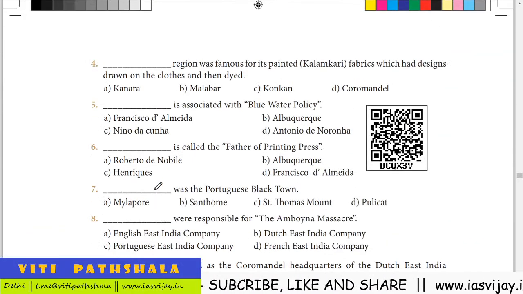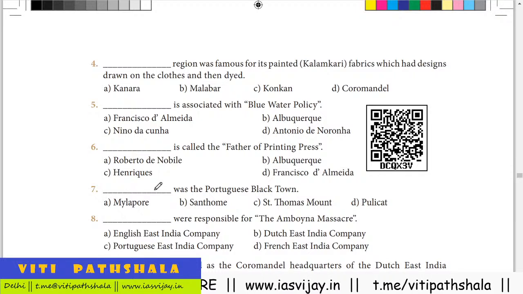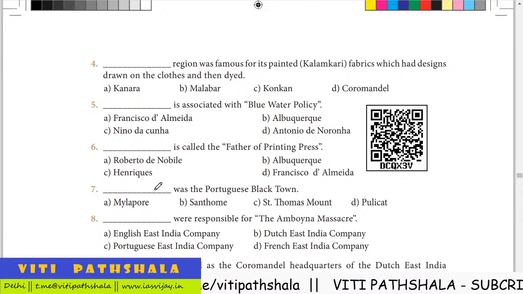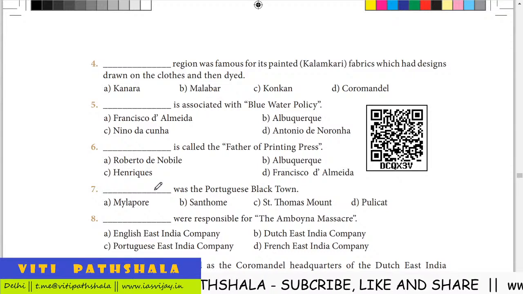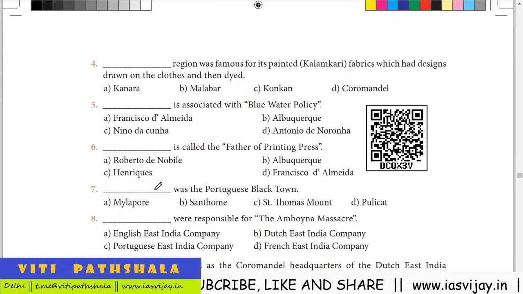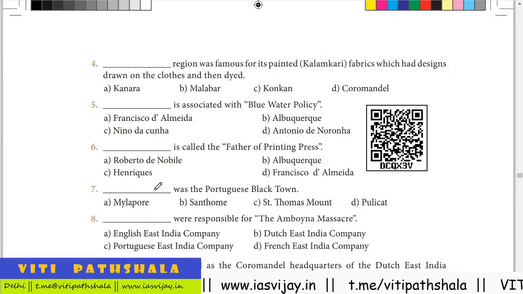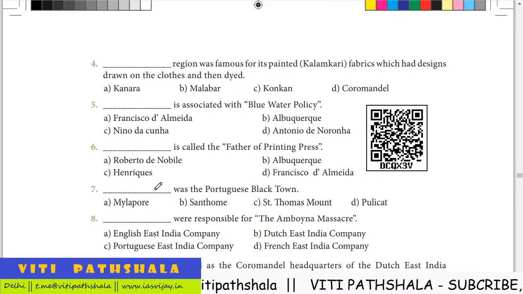Question number 4. Dash region was famous for its painted Kalamkari fabrics, which had resin drawn from the cloths and they dyed. Answer to question number 4.